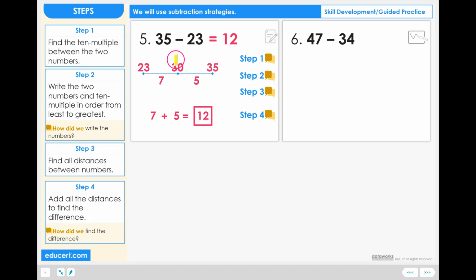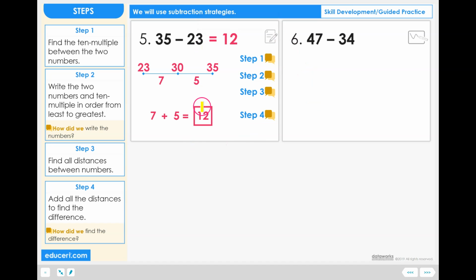To find the difference, we took the two values being subtracted, including the 10 multiple in between them, listed them out like they were on a number line from least to greatest, found the distances between these numbers that we have here. We added the distances together to get the total distance from 23 to 35, and that is the answer or the difference in 35 minus 23.